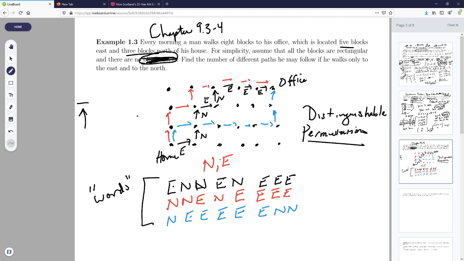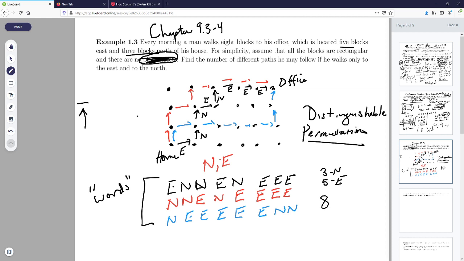So basically what we have here are words that are 3 N's and 5 E's. And that's what we know about them. So this problem becomes equivalent to how many distinguishable permutations are there of any of these words?